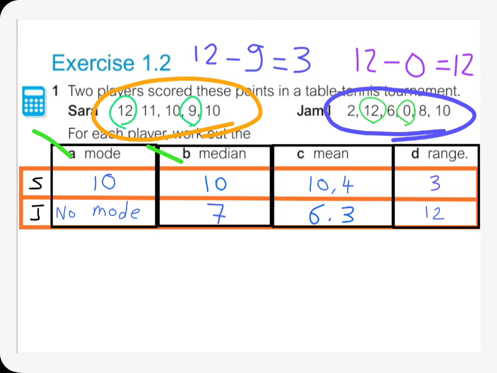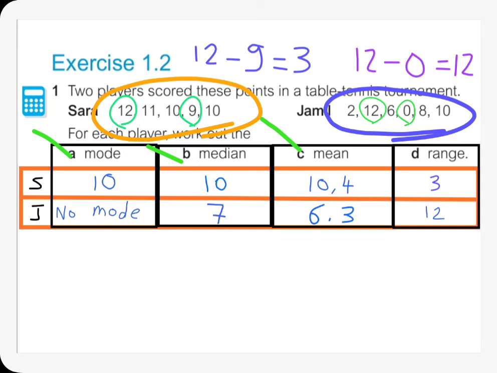And then we found the mean, in which you add all the data together and divide them by their count. For example, for Sarah's data, there were 5. We add them all up together and divide them by 5. And we got 10.4. And for Jameel's data, we add them all up together and divide them by 6. We got 6.3.